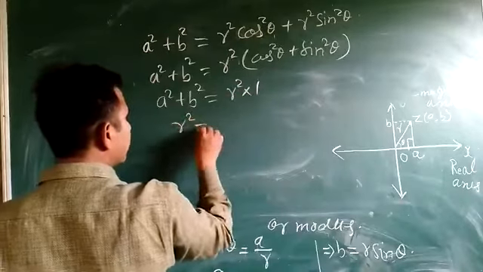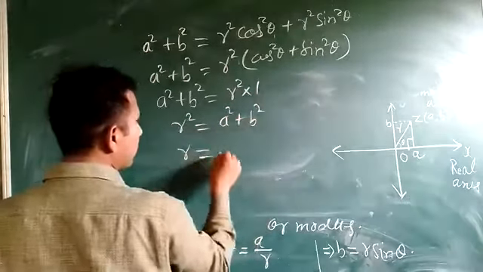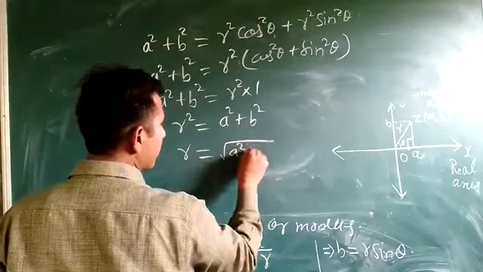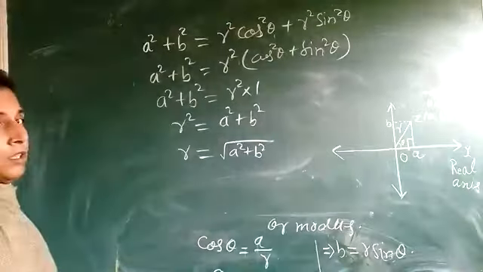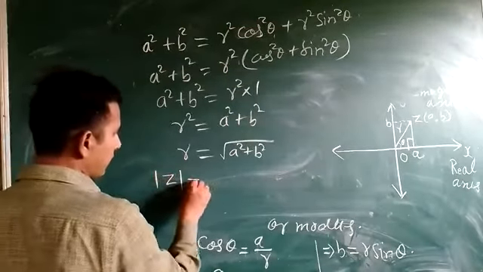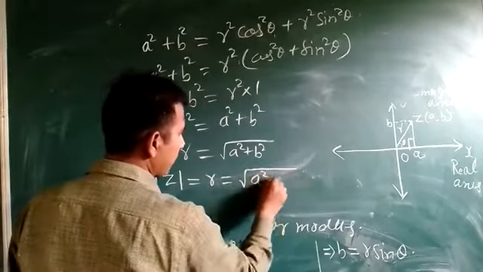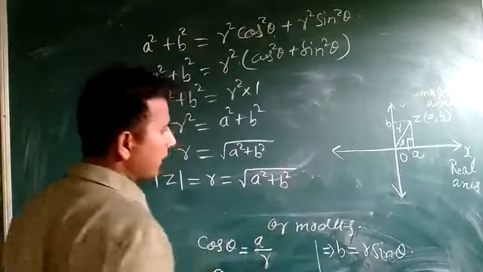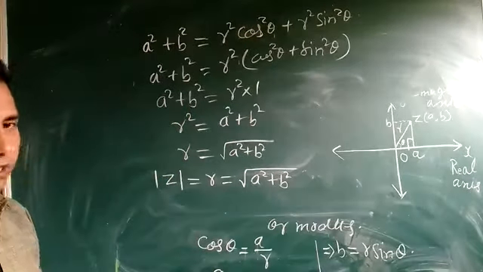This implies r square equal to a square plus b square, and r equal to root a square plus b square. Okay. So mod z equal to r, root a square plus b square. Magnitude can never be negative, so it is always positive.